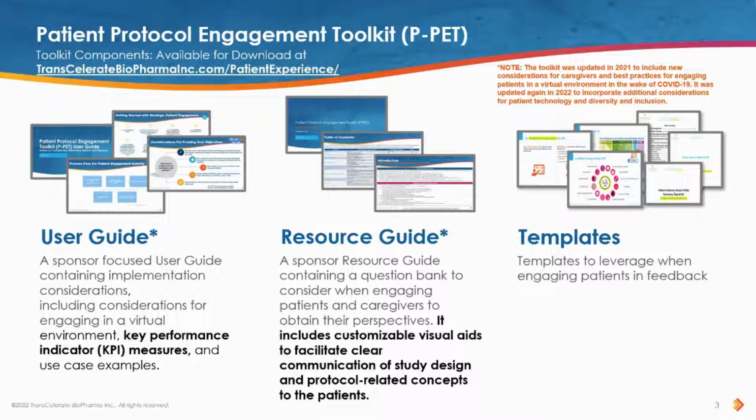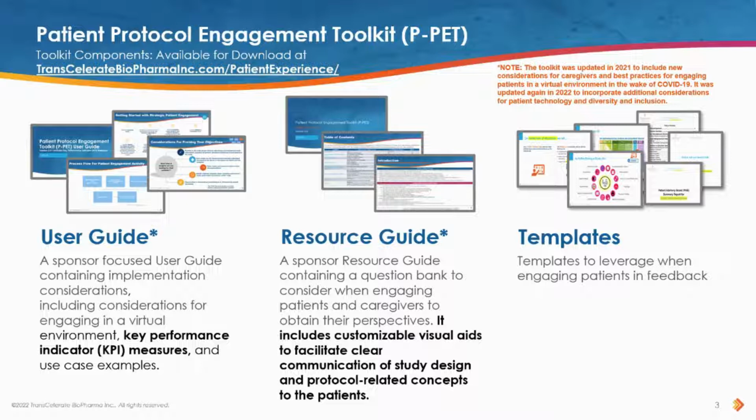The pipette was co-developed with patients and provides tools and resources to use in engaging patient and caregiver advisors during protocol development. It's comprised of three components: the pipette resource guide, the pipette user guide, and the pipette templates. The pipette resource guide offers sample questions for you to use when engaging with patients and caregiver advisors.